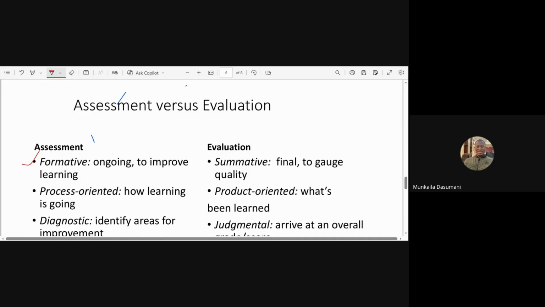And then assessment is process oriented, how learning is going on. Evaluation is product oriented, what has been learned. Assessment is how learning is going, to aid the teaching and learning process.